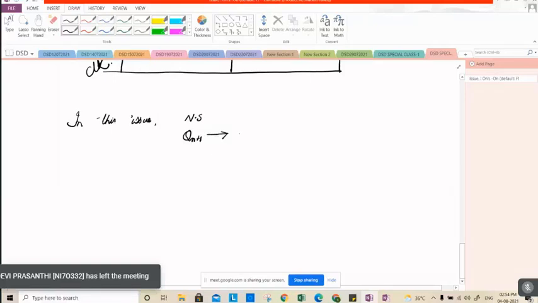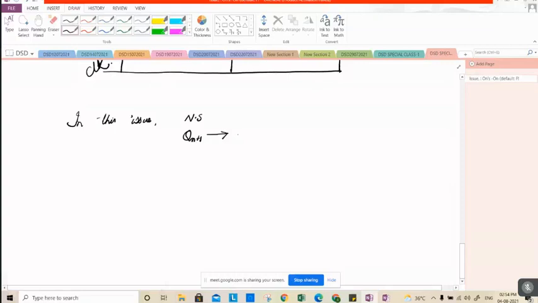Qn plus 1 depends upon the present state Qn and also the input value, which is X. So present state as well as present input. We have another output which is Y, which is called the present output.